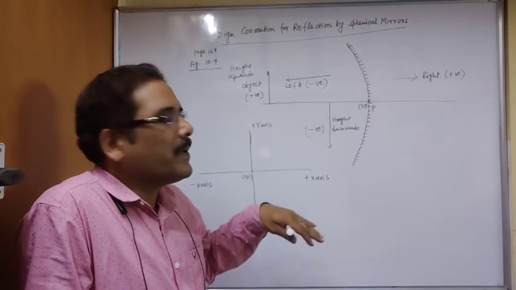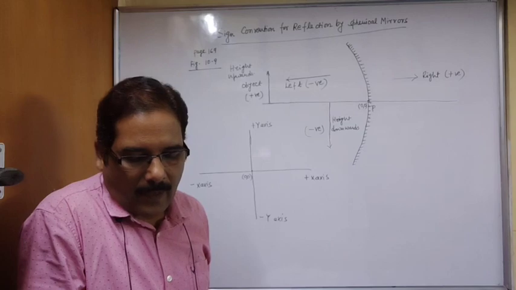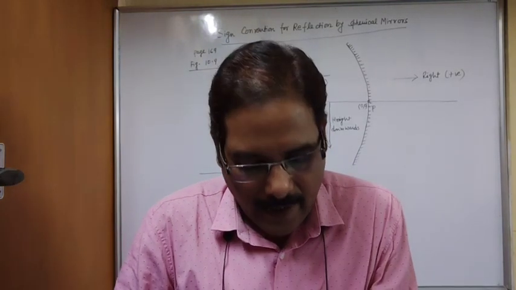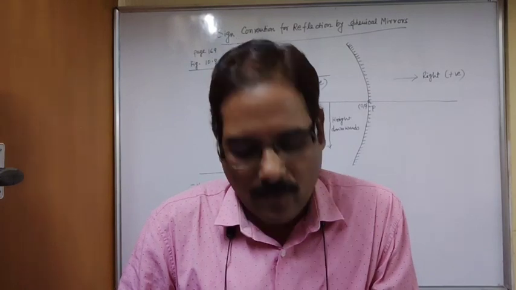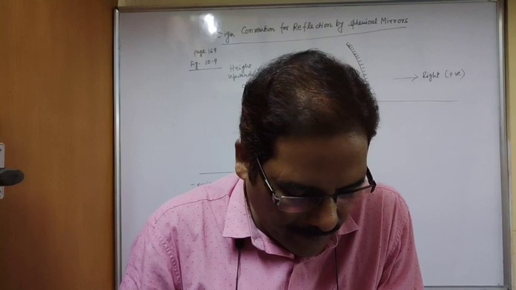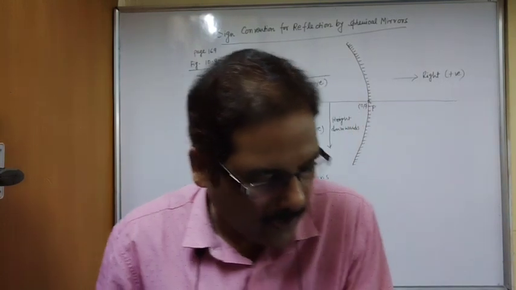Heights below the principal axis, negative y-axis, so they will be negative. And the direction of the incident ray, as we always take from left to right in all the ray diagrams, the object is on the left. So this is all about the sign convention.